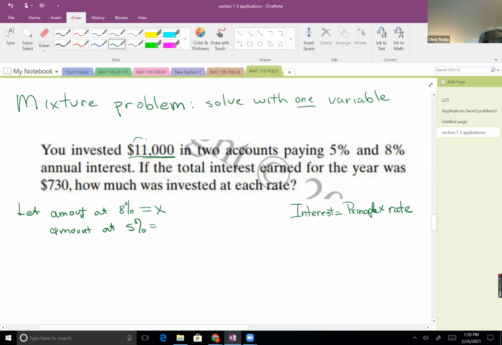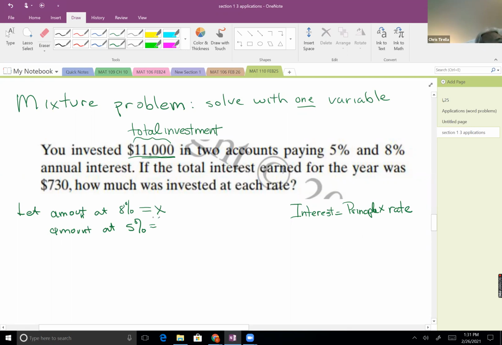Well, if this $11,000 is my total investment, does it make sense that the amount at 8% plus the amount at 5% would have to equal that 11,000?